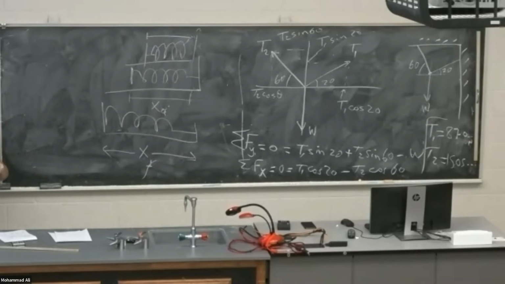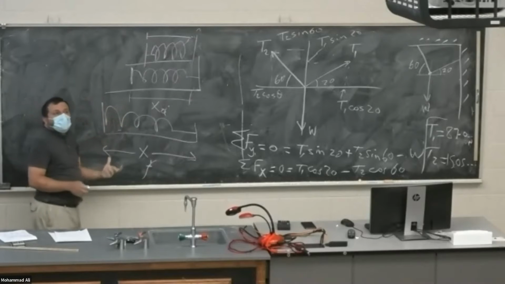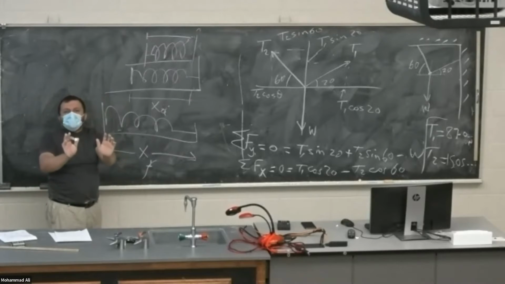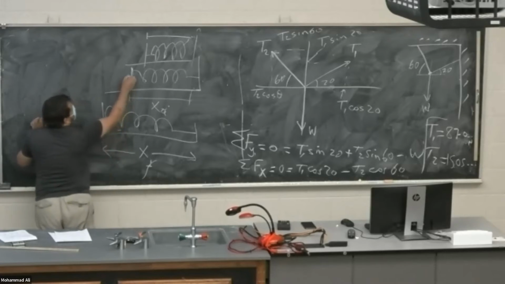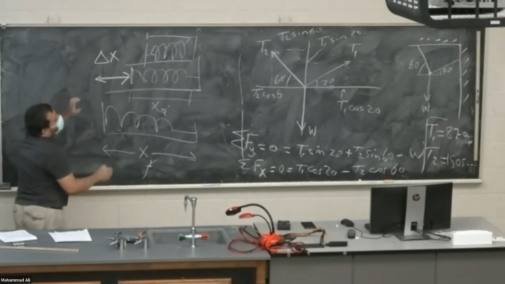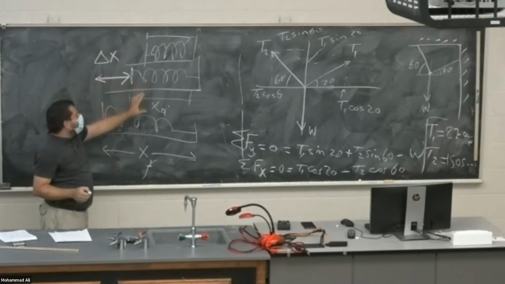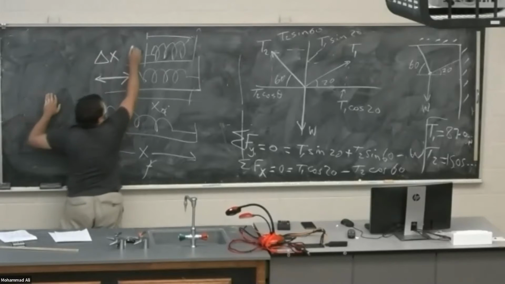The important thing in our study is the difference between these two lengths, and we will use this difference. I will give you the difference, and you need to deal with it. It is the distance delta x between the initial and the final position, because we have a force.